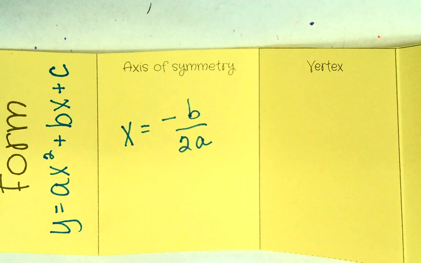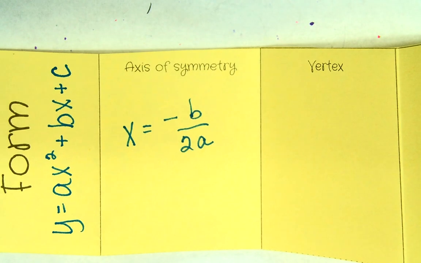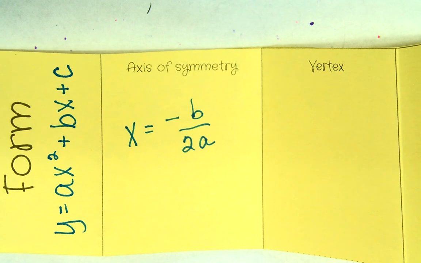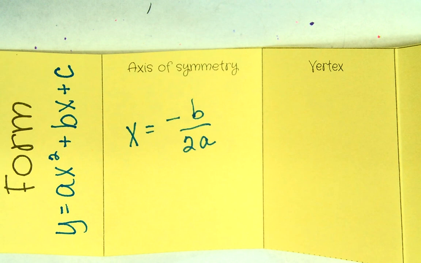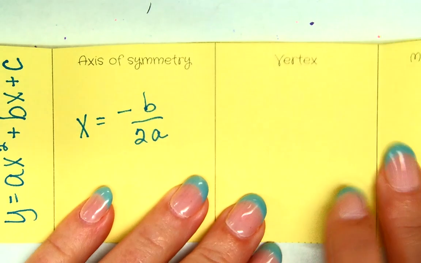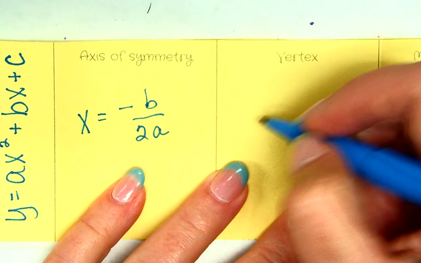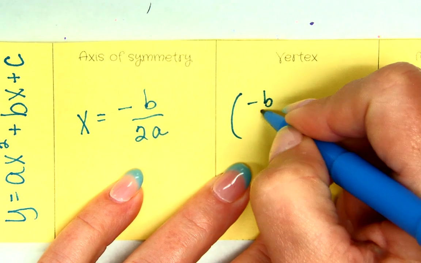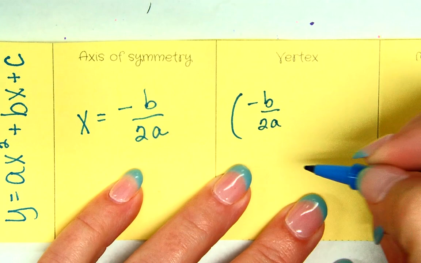Remember though, when we actually write our axis of symmetry, we have to write x equals 2, x equals negative 1, whatever it is, because the axis of symmetry is also, another word for axis of symmetry is line of symmetry, and we can't call a line just by a number, right? We have to call it by its equation. Now, look at the vertex. Would it make sense to you that the x-coordinate of the vertex is negative b over 2a?